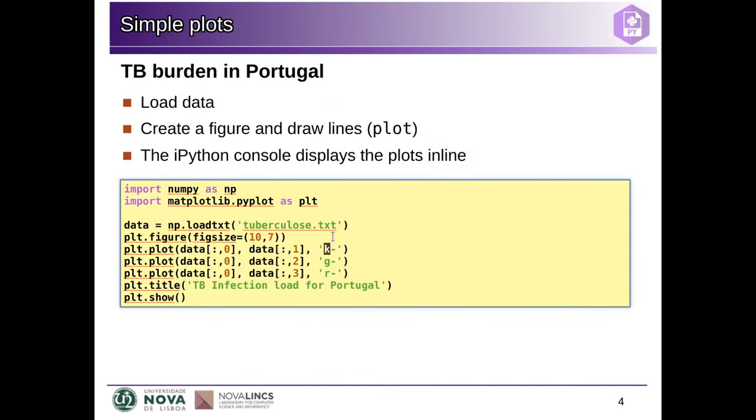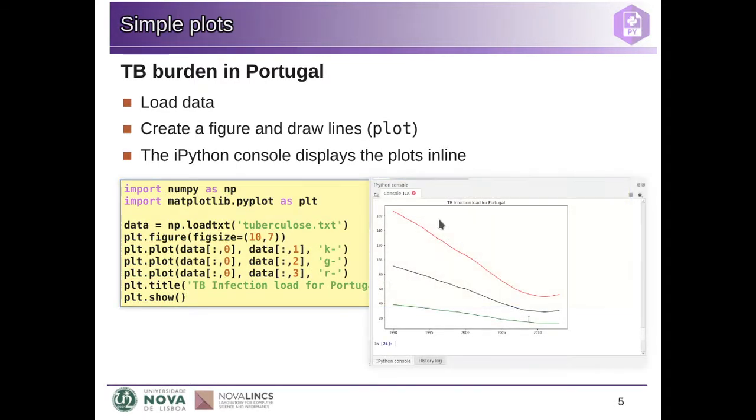This k is for the color, black, and the dash there is a line. Now we do the same thing for the lower bound, which is the third column, but we draw it in green, and the upper bound in red. We can add a title, TB infection load for Portugal, and show the graph. So if you do this, you get this in your console, which is where usually the plots appear by default in this version of Spyder.